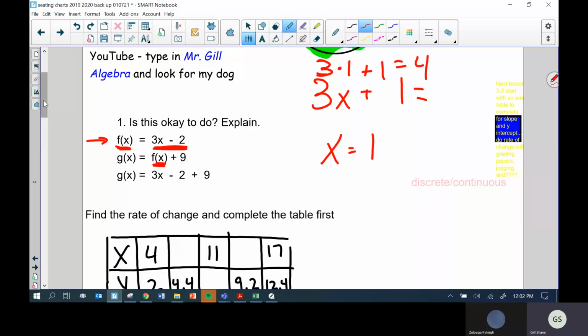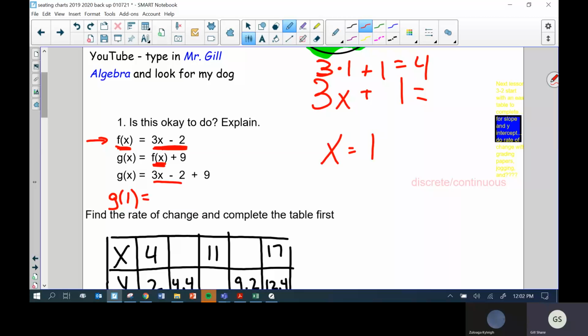I could either keep f of x in there, or I could get rid of f of x and put in this, which is what I did. I just took the f of x out, and instead I put in the equation part, which was the 3x subtract 2 part. Now, if I ask you to solve g of 1, which I think I did, maybe I did, now I am.